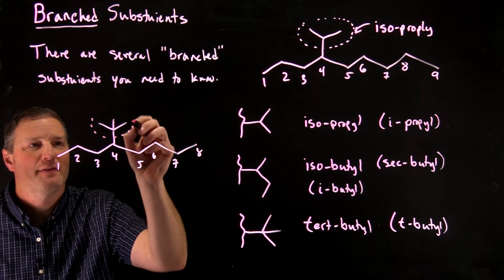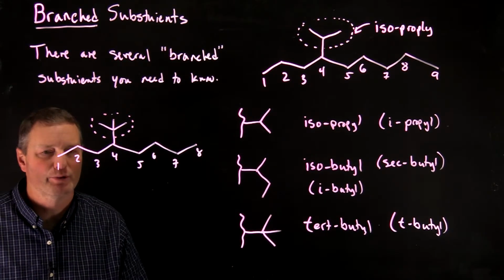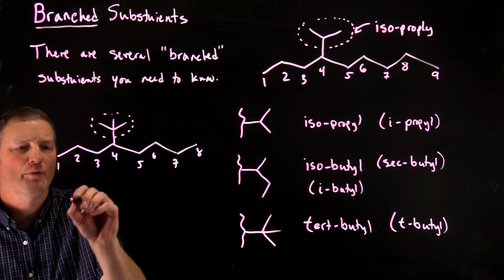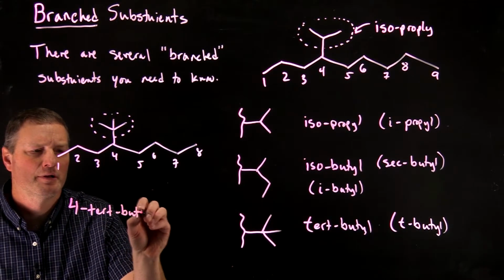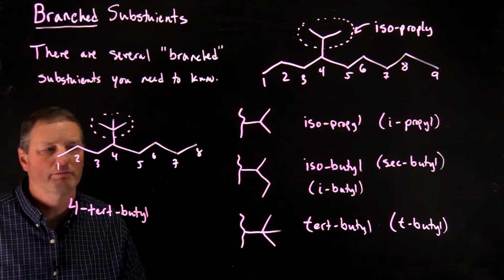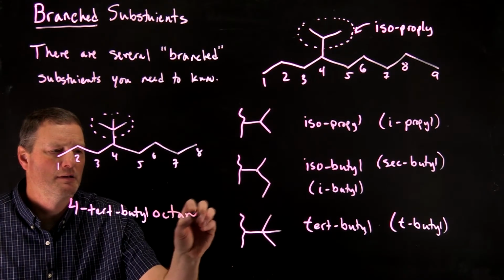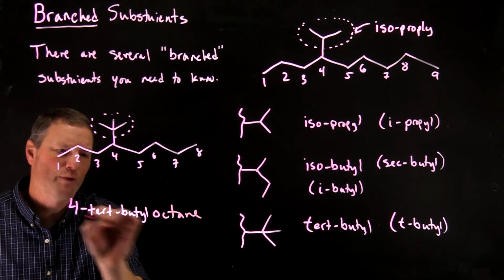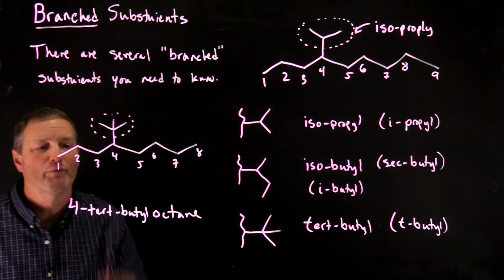And we just saw that this branched chain, this is one of these tertiary butyl groups. So this would be 4-tert-butyl. And then we have our long parent chain, which is an octane. Okay, so this represents now the branched substituent, and it's coming off the 4-carbon.